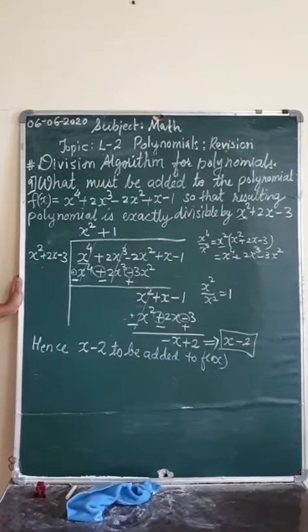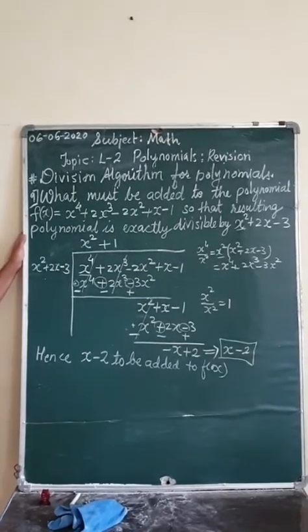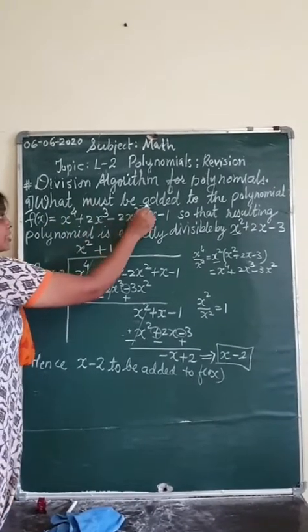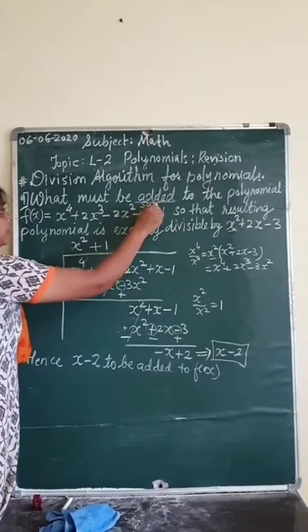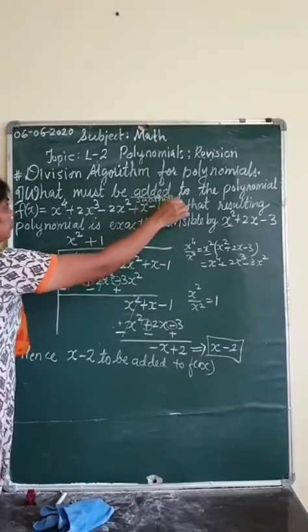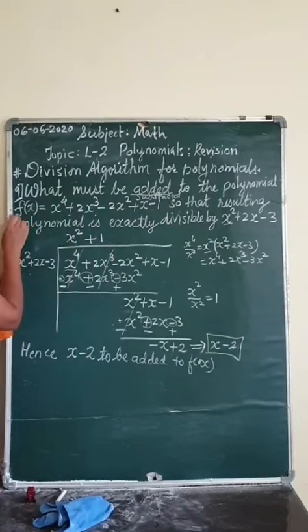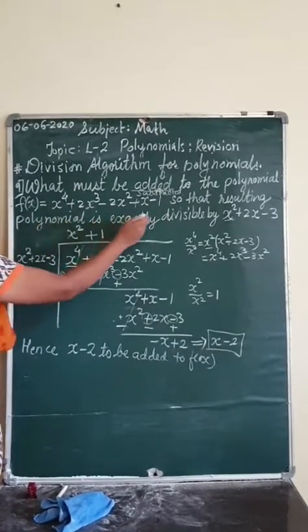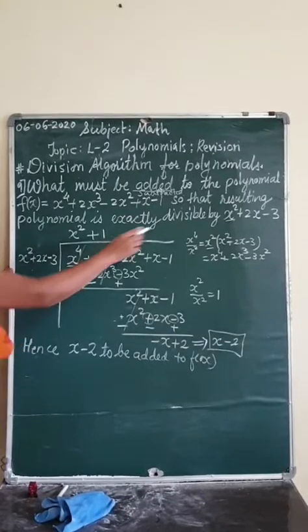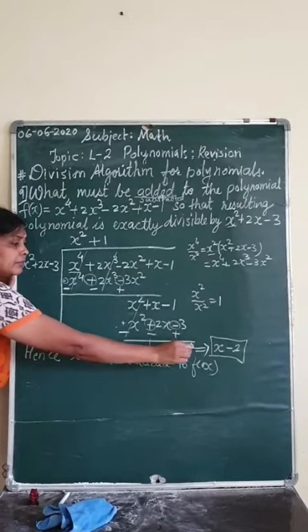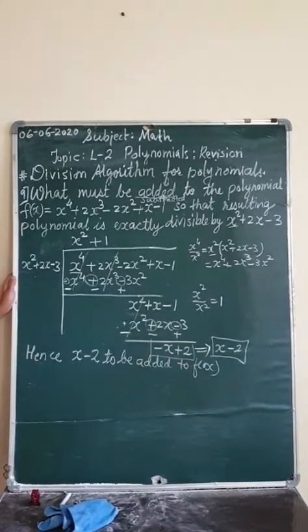I hope you have understood this. In this sum, suppose it must be subtracted instead of added, so what will you do? If they have asked what must be subtracted from the polynomial f(x) so that the resulting polynomial is exactly divisible by this, then whatever remainder you get is the only answer.